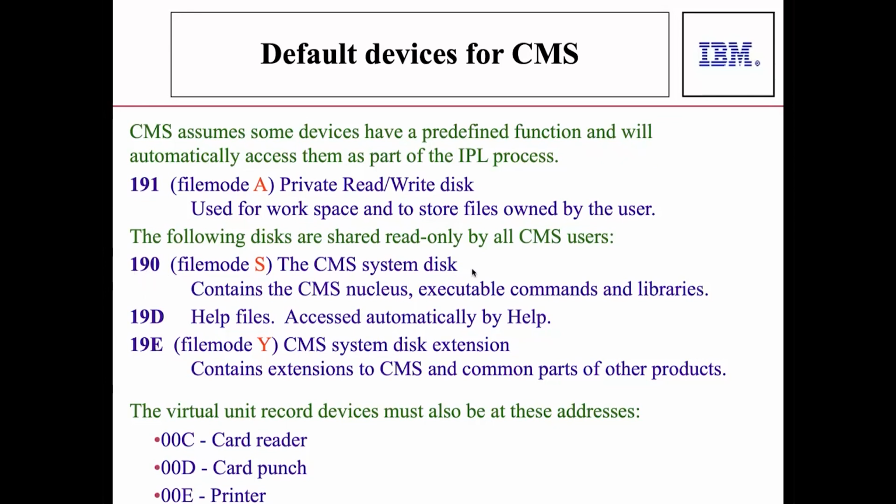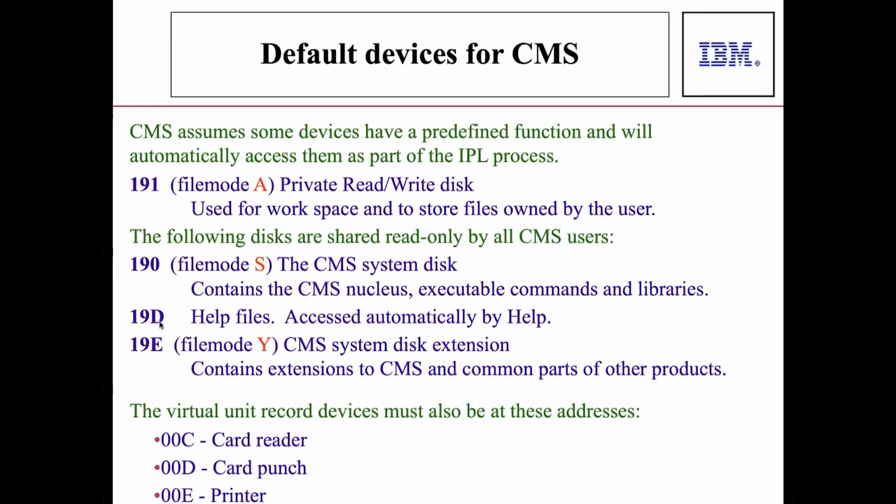That's what everybody shared, that disk read-only. Everybody had it accessed at file mode S for system, and that's where all of the executable commands are. And then they had a disk at 191, which they used for private space. So now that became file mode A, it's automatically accessed as file mode A, the very first of the search order. If you're searching for a file, that's where it's going to find it first if it exists. So that's a private read-write disk. So that is typically there.